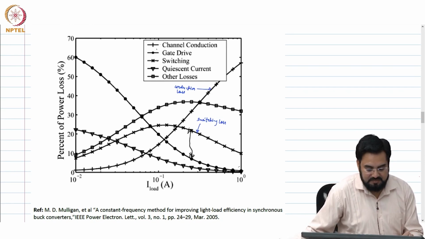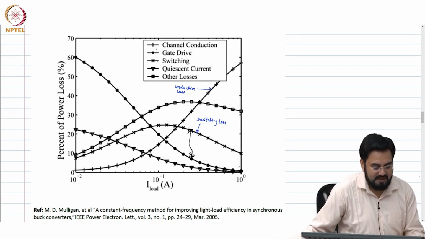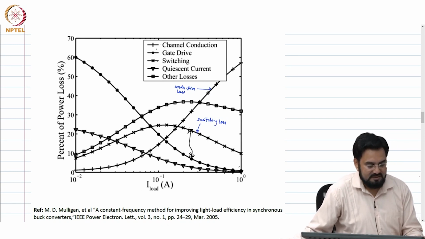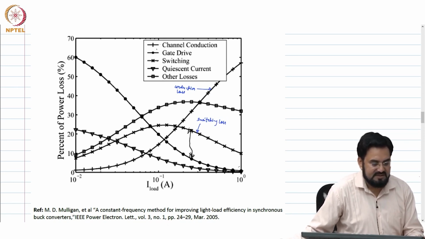Okay. So if you look at the quiescent current, this one. Look at a very light load, this is 0.01. So this is dominating, and this is the gate drive. Look at this gate drive and quiescent current now dominating here.